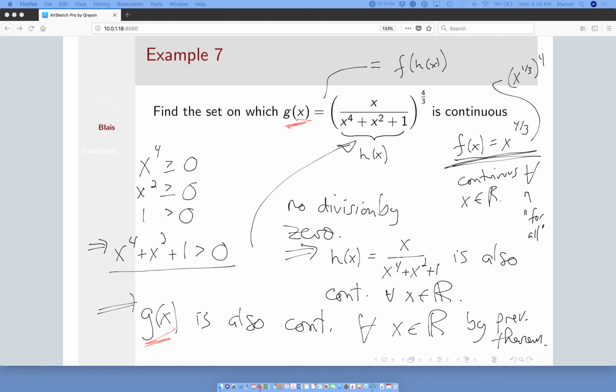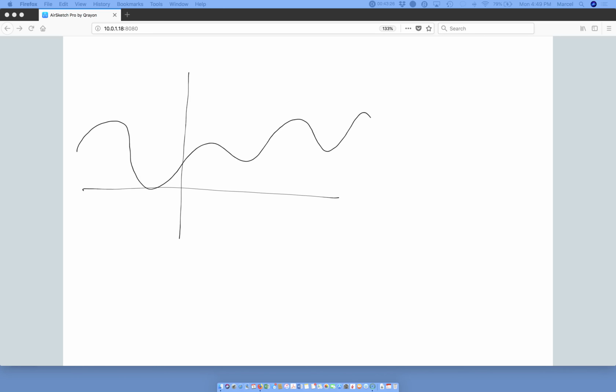Now, this idea of discontinuity, or rather of continuity, is the first step. Well, I should say the step just before getting into the main topic of this course, which is the idea of derivative. So continuity, remember, a function is continuous if we can draw it without taking the pencil off the paper.